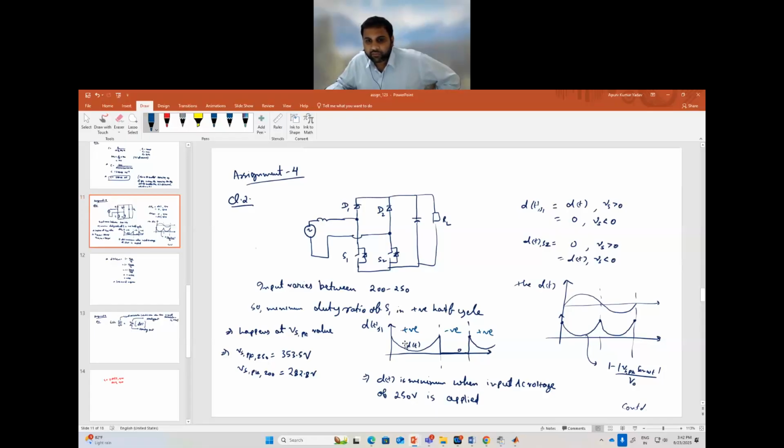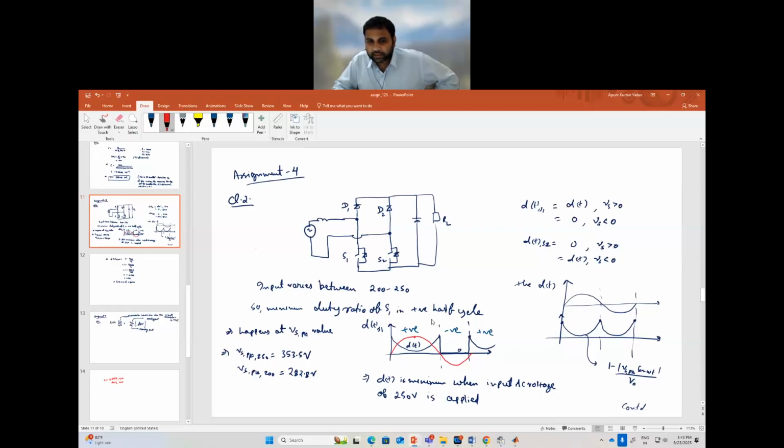As a result, our minimum duty ratio is achieved at the peak of Vs. If I draw my Vs going like this, at the peak of Vs my duty ratio will be the minimum.